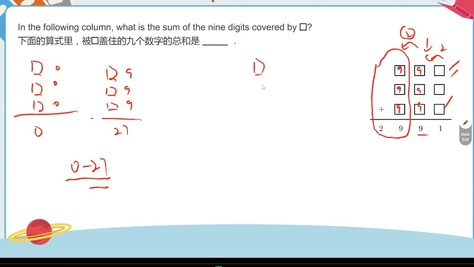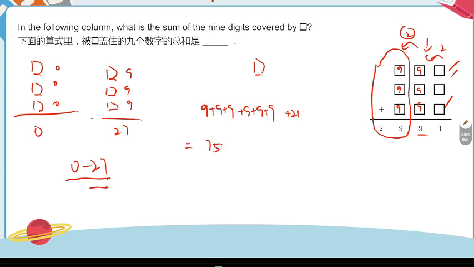It's within the range. So the sum of the 9 squares is 9 plus 9 plus 9 plus 9 plus 9 plus 9. This is 27 plus 27, which is 54, and then plus 21. So we get the answer is 75.